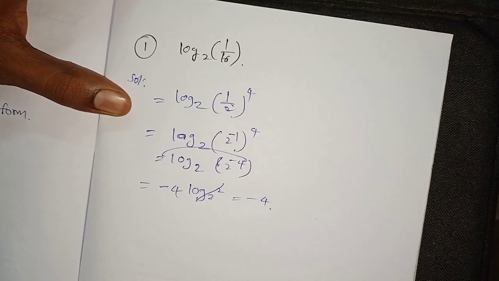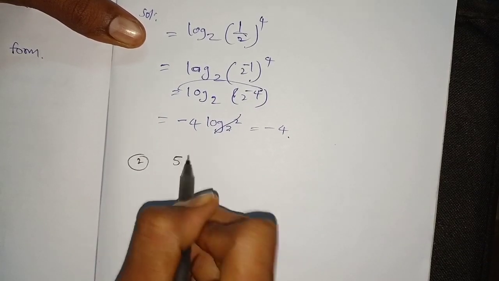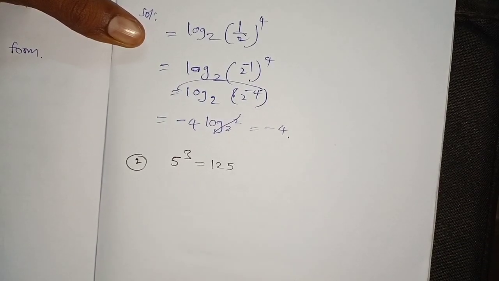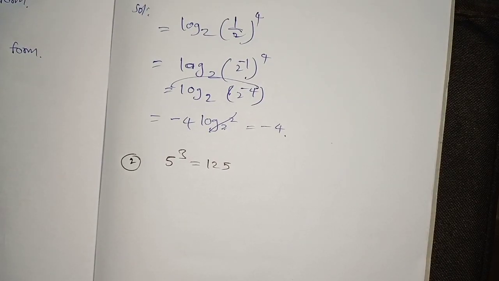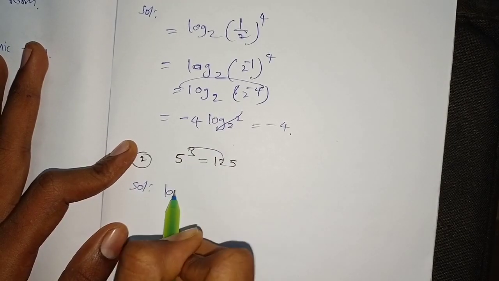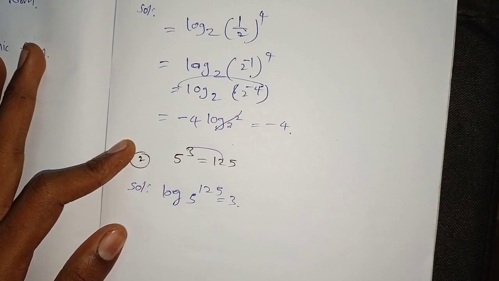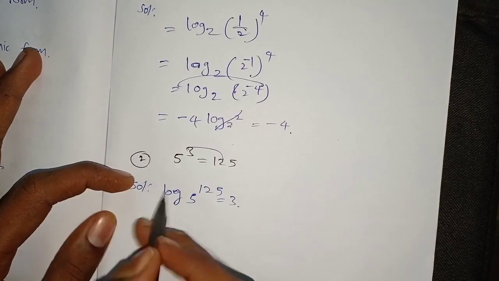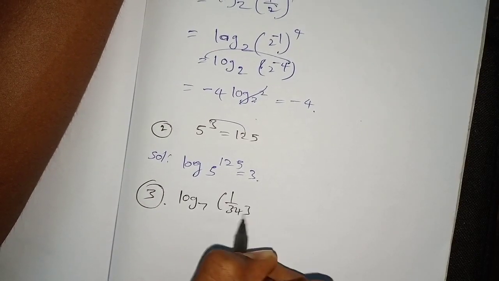Similarly, let's do another problem. Convert 5 cube equal to 125 into logarithm form. So guys, it is discussed already. What we have to do is just swap this, that is log 5 power of 125 equal to 3. So guys, next, solve log 7 of 1 by 343.